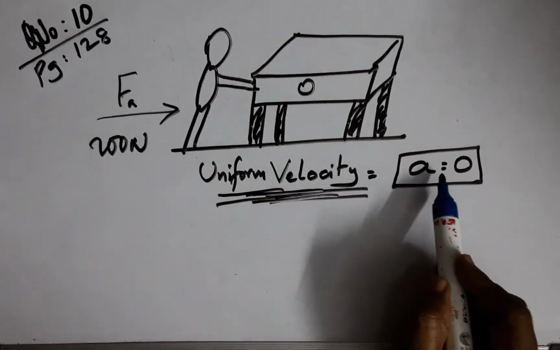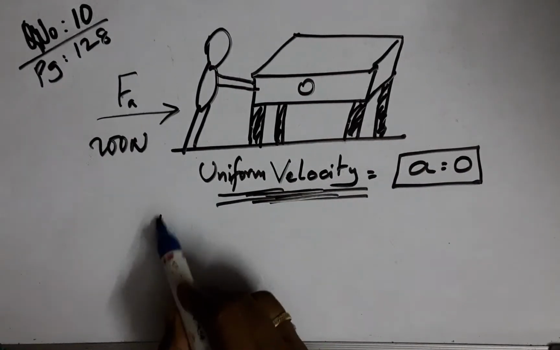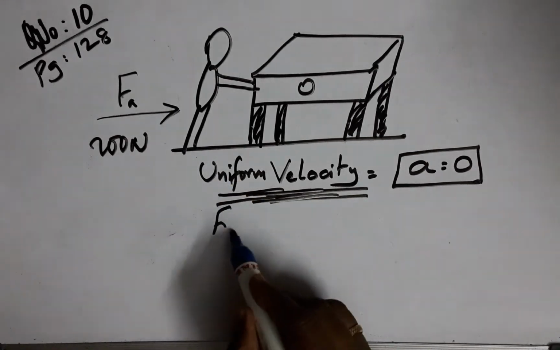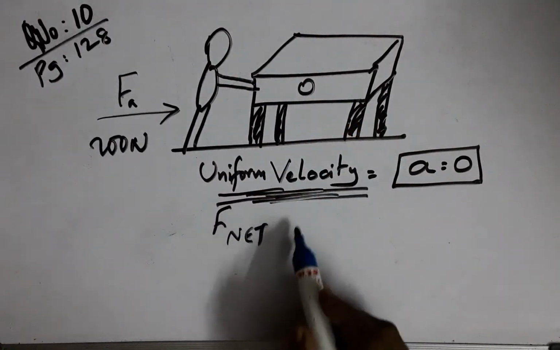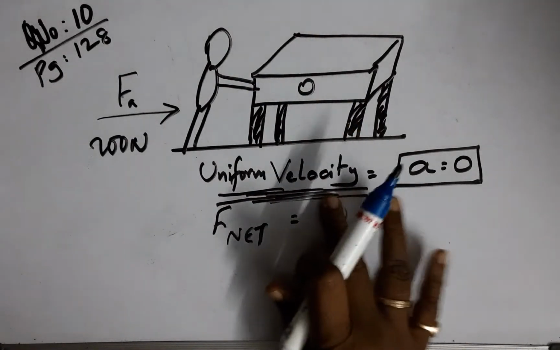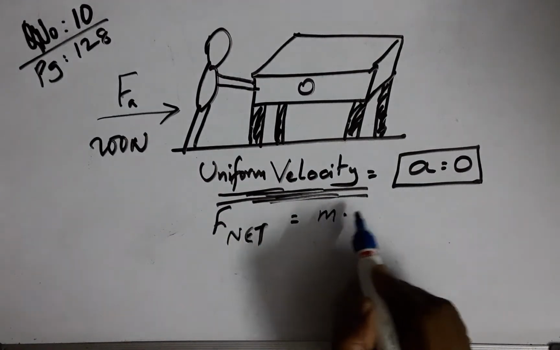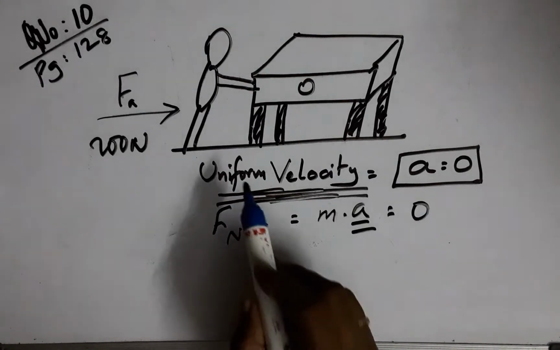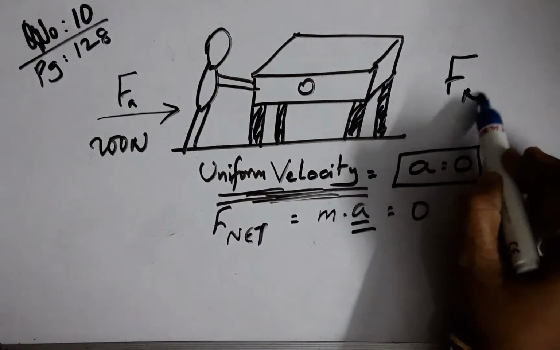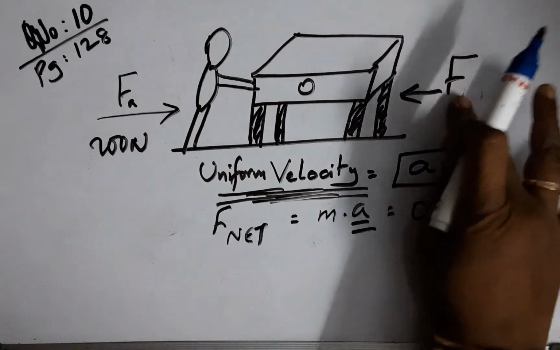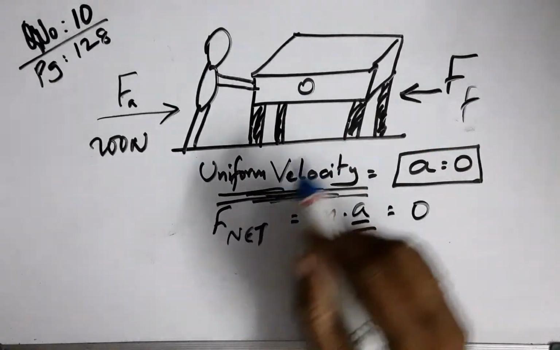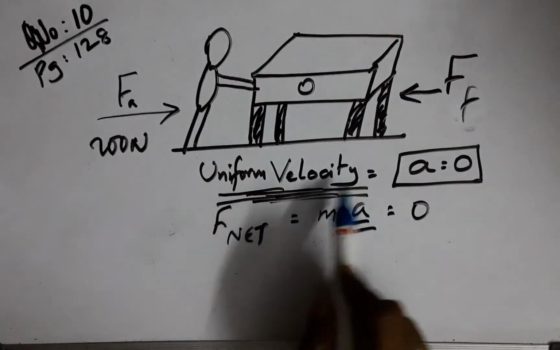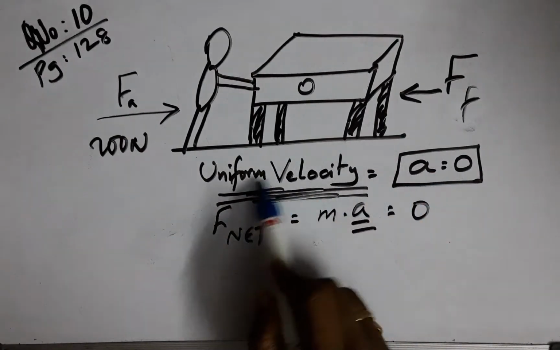Since acceleration is 0, we should know that the net force acting on the cabinet is 0, because even though the cabinet has a mass, its acceleration being 0, the net force will be 0, which goes on to say that there is an equal and opposite force, which is the force of friction acting on the cabinet, which is maintaining the velocity uniformly and not allowing it to increase the velocity.